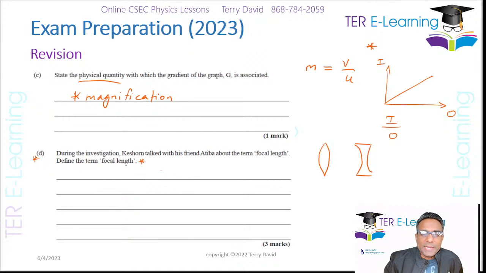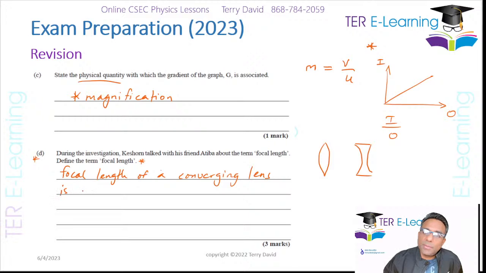But in this case here, we could say the focal length of a convergent lens is a distance, right?